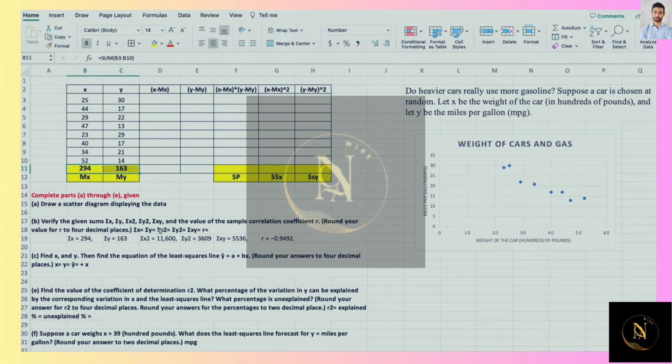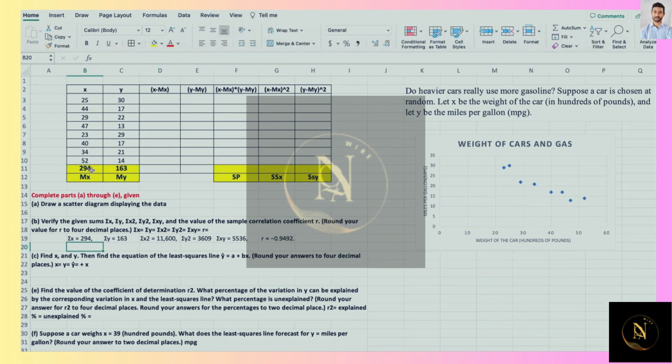Then the sum of the squares of X, let's see. I have to find the distance first between each one of the X values and the mean of X. Actually, no, that is the sum of the X values, but then I have to find the mean of my X value.